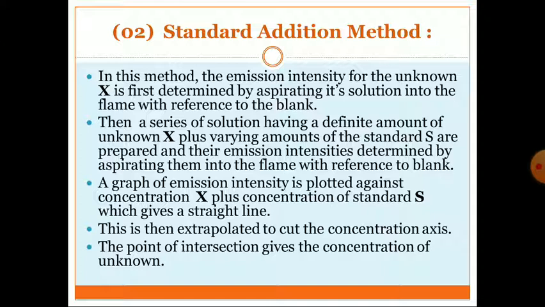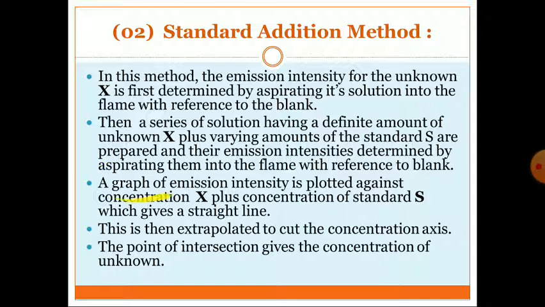Suppose for the second beaker we add 1s, into the third beaker we add 2s, in the fourth 3s, and the fifth 4s. Likewise we have to add the standard solution.